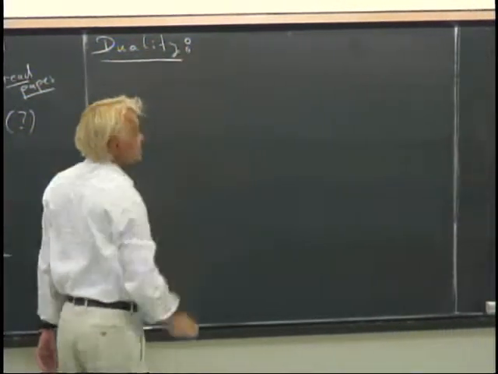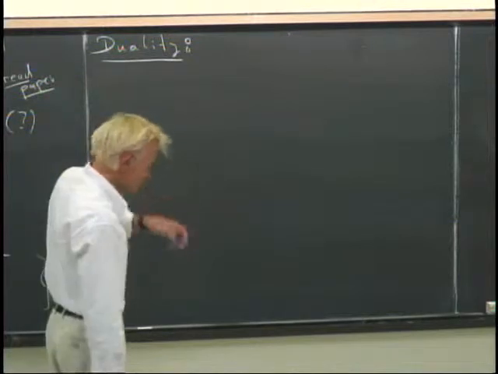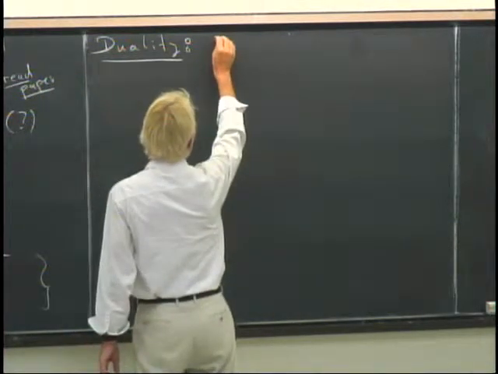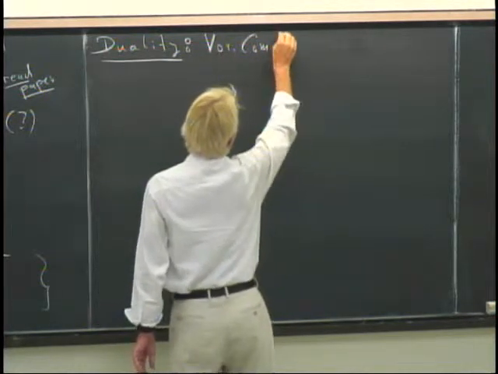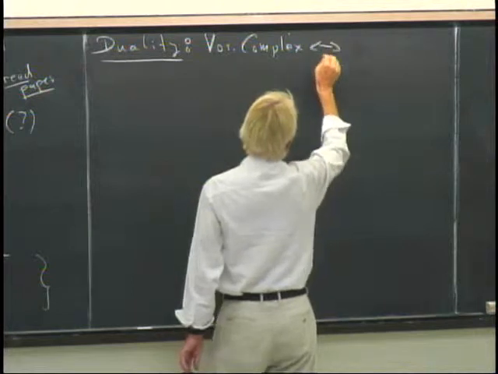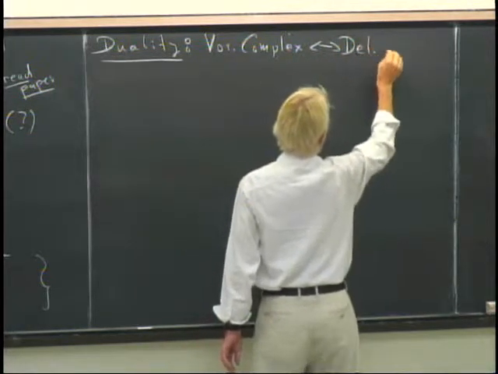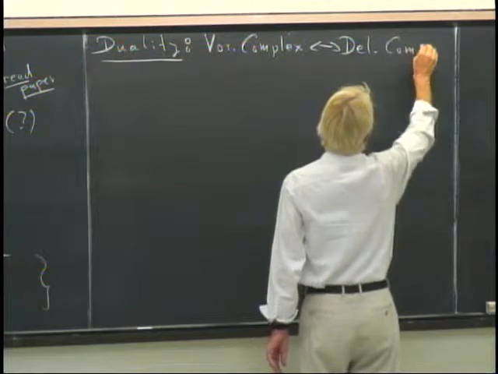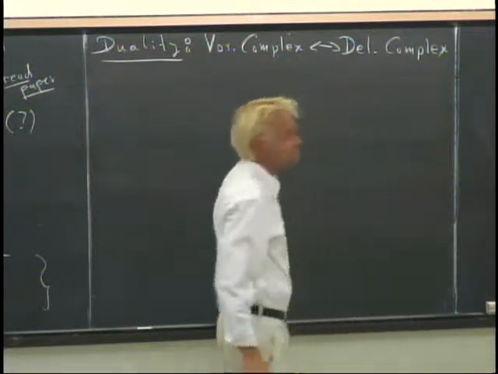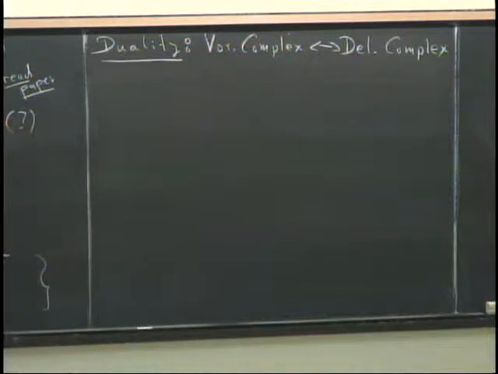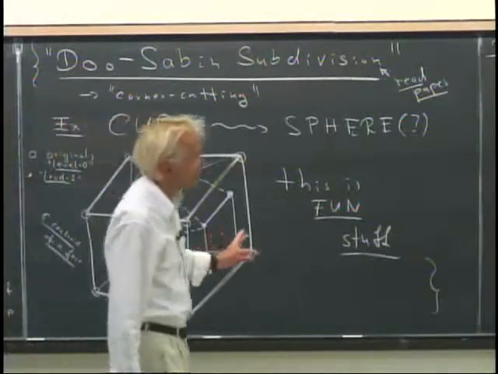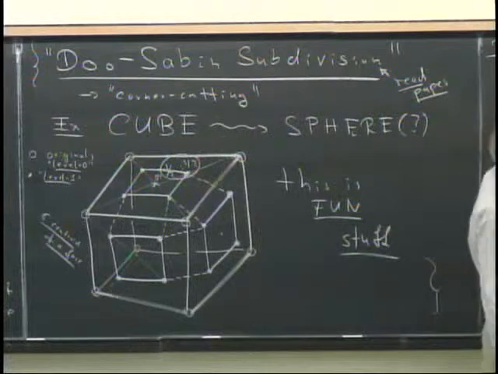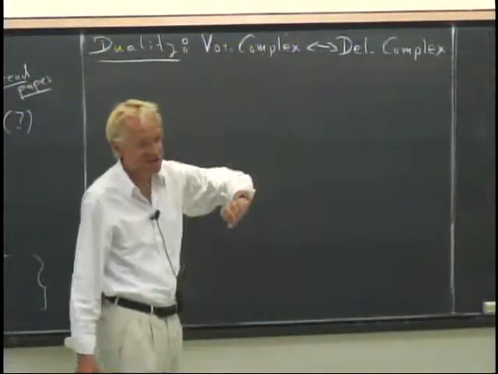And in this context, the two dual structures that we talk about is the Voronoi complex, the Vor complex, and its dual, the Delaunay complex. It turns out that by invoking a method or a principle like this, shrinking things, cutting things away, you can have a transformation, a beautiful geometrical transformation from this complex to the other, and vice versa.